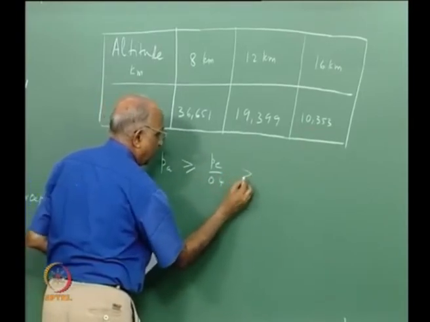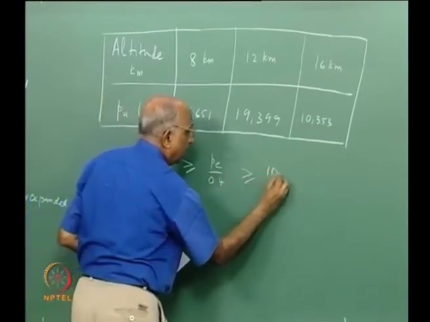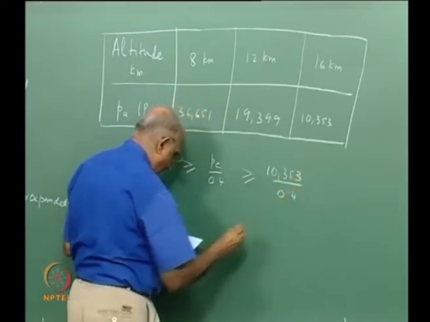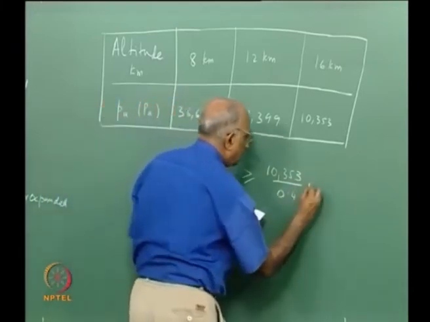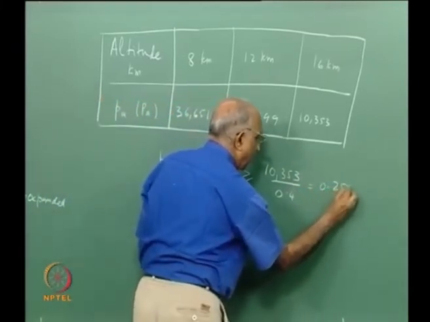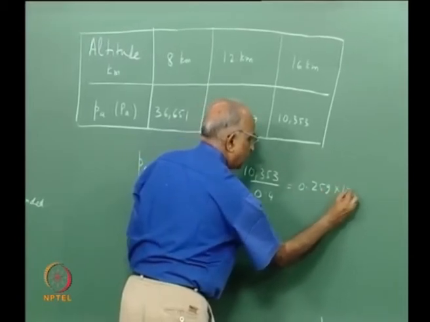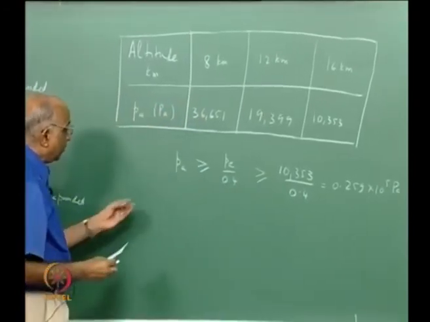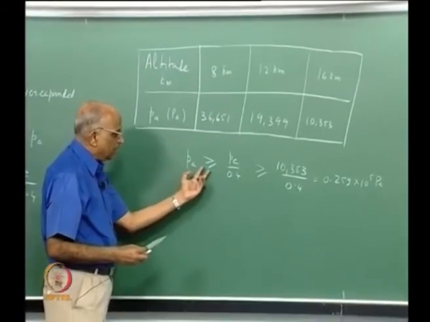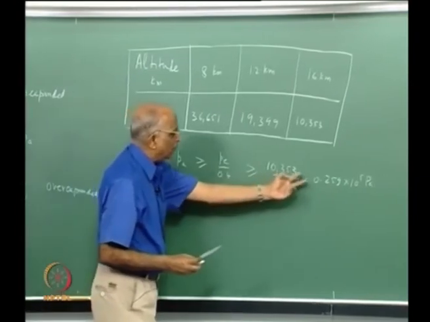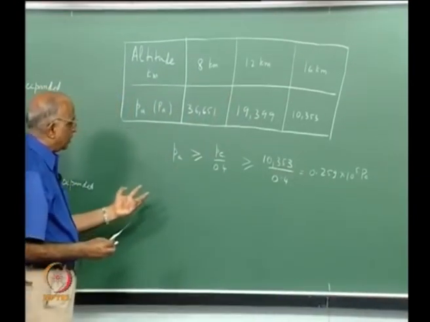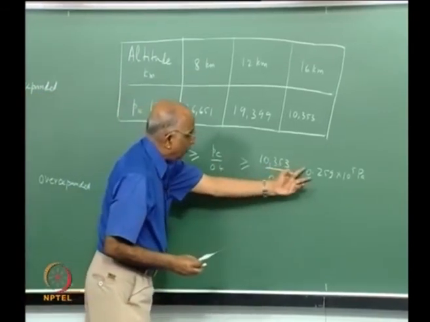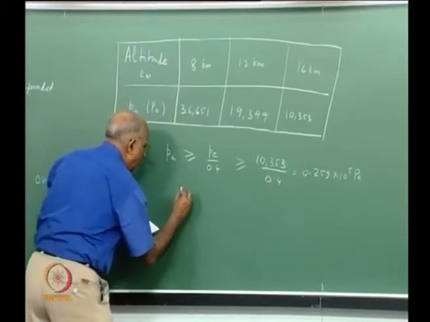Therefore, Pa must be greater than or equal to 10,353 divided by 0.4, and this is equal to 0.259 into 10 to the power 5 Pascal. Now, the question is when the ambient pressure is equal to or just greater than this value, the flow separation starts, and what is the corresponding altitude?